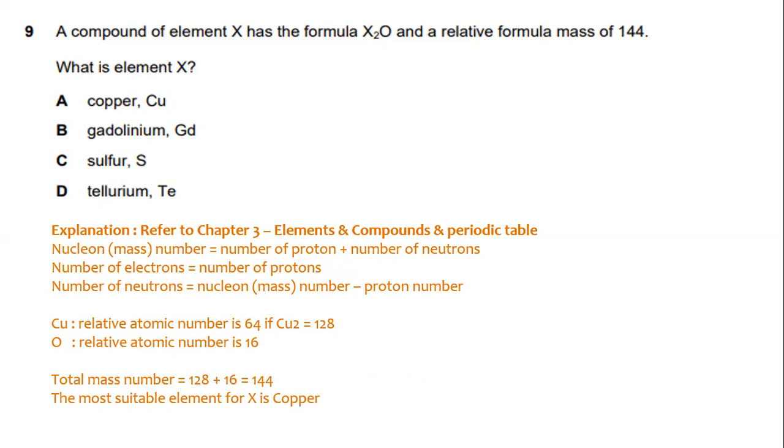The relative atomic mass for oxygen is 16. So the total mass number is the protons plus neutrons. 128 plus 16 becomes 144. So the most suitable element for X in this case is copper.